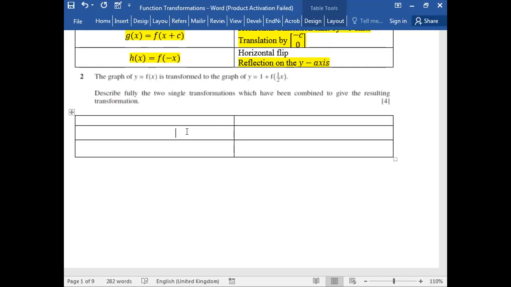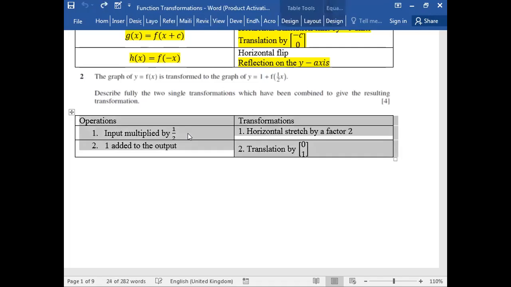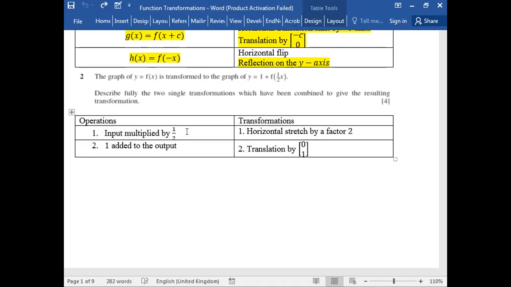Horizontal stretch by a factor 2 and adding 1 to the output. What we do to the output, the same is the transformation. Don't worry. If you have multiplied your input by half, that means it's a horizontal stretch.